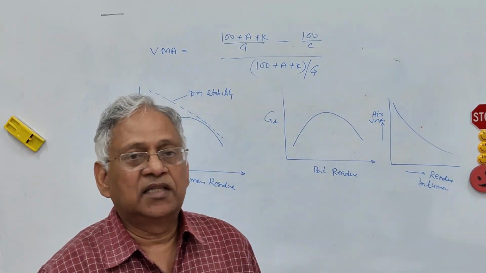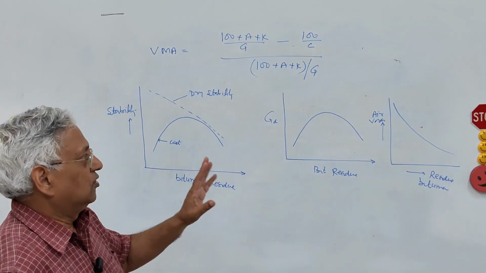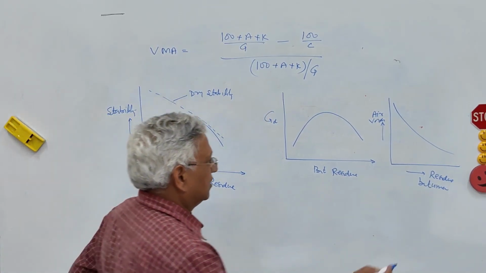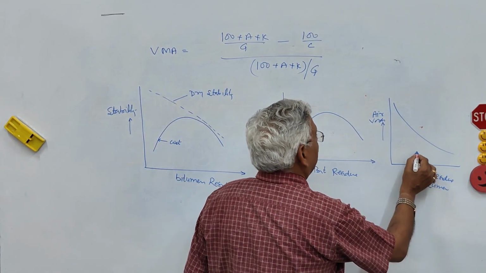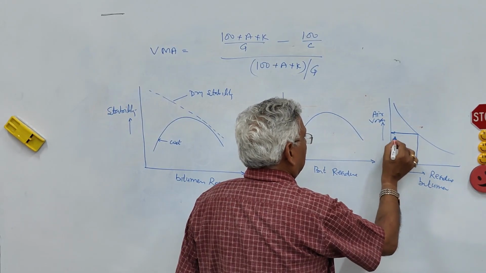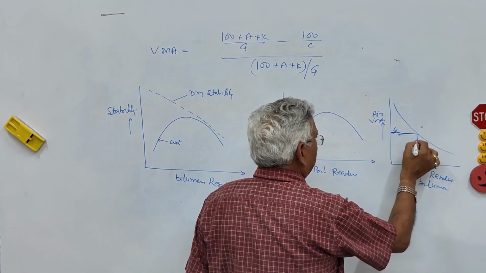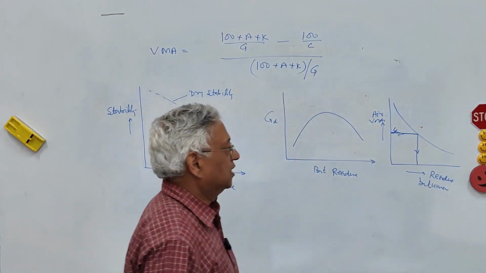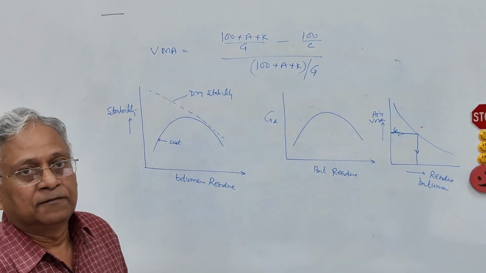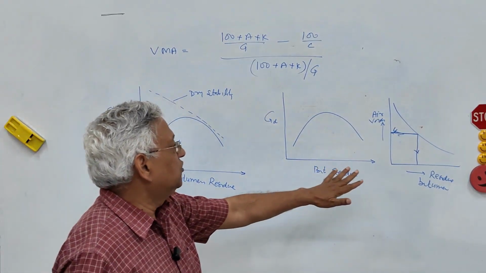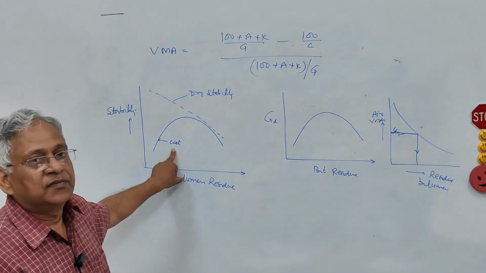The specification suggests that the air voids in the mixture should be 3 to 5%. So as we normally do in a design of mix, you take the value corresponding to 4% air voids, find out the optimum residual bitumen quantity, and then check for the stability.